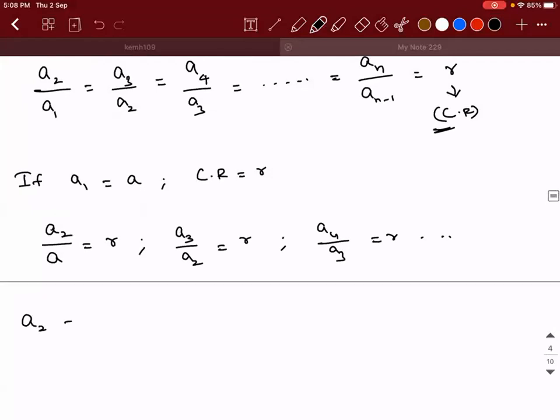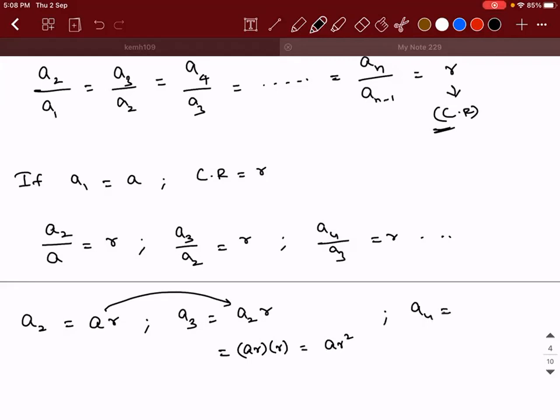So A2 will be the first term multiplied with the common ratio, AR. A3 is A2 times R, and A2 is AR, so AR times R gives AR square. Similarly, A4 is A3 times R, which is AR square times R, so it will be AR cube. Correct?